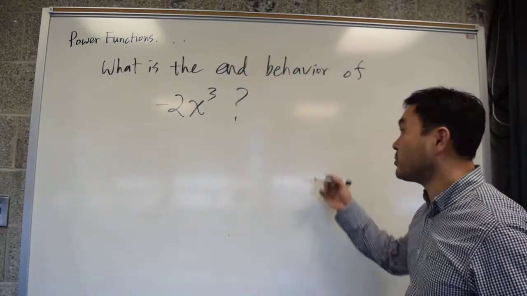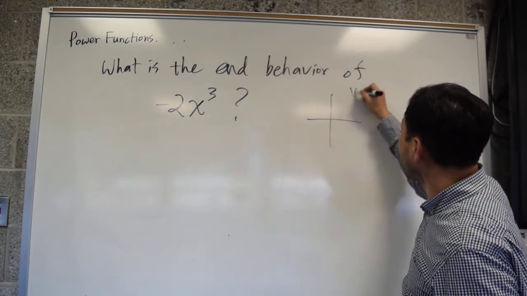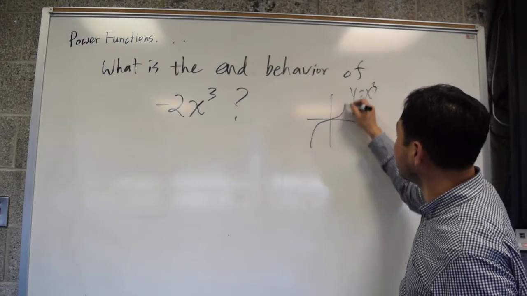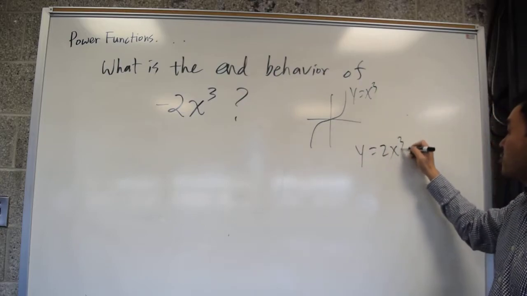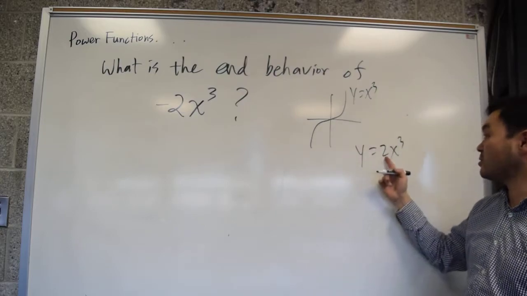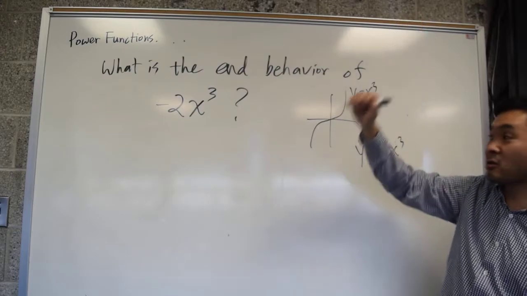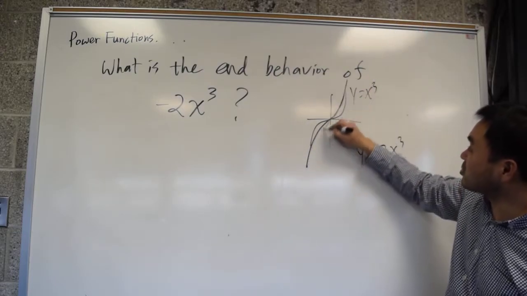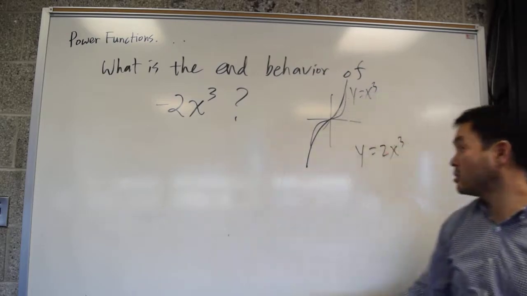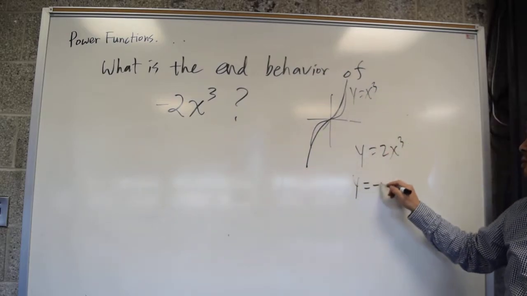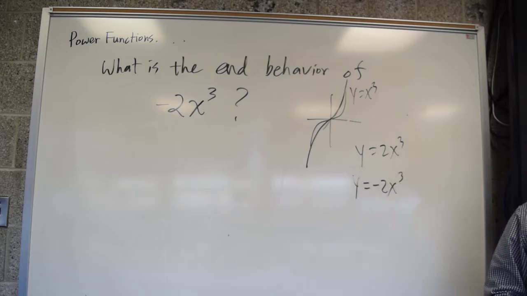So you have y equals x cubed, which is this. Now what does y equals 2x cubed do? This just stretches this way, right? So the graph still looks somewhat the same. It's still this way. What does the minus do? If you put a minus in front, what would it do?